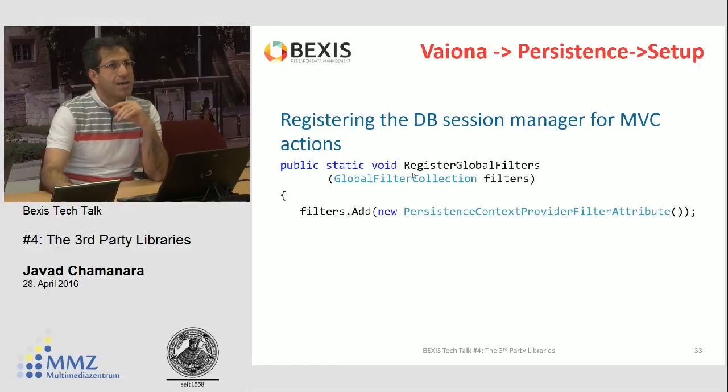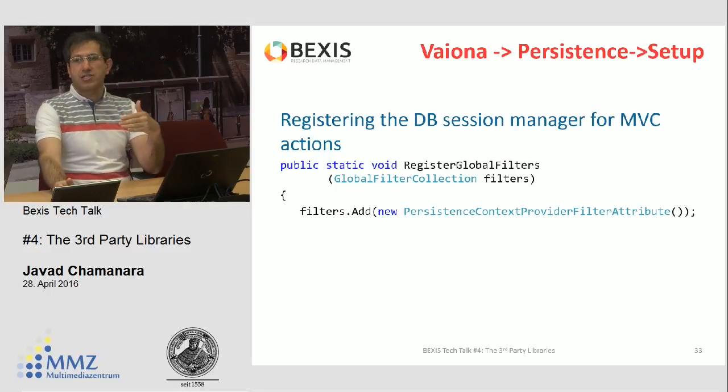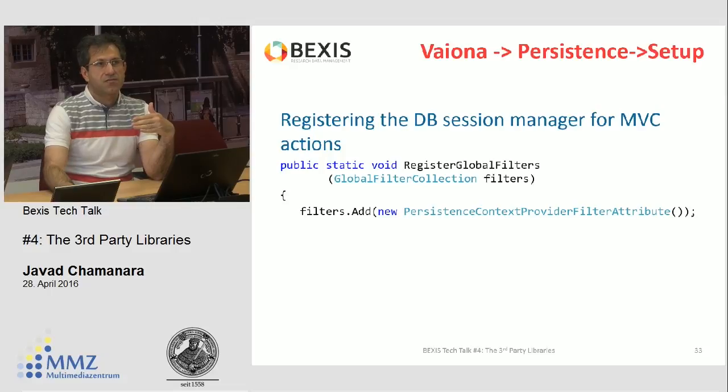And we are adding another filter. So there are some basic filters that Microsoft has applied, but there is a way to add extra filters to that pipeline. We have actually developed and registered our persistence context provider to the action filters, so that every time an action is triggered, this filter will be notified.